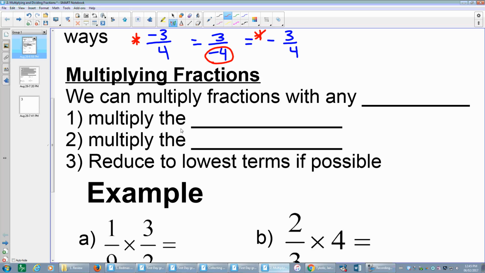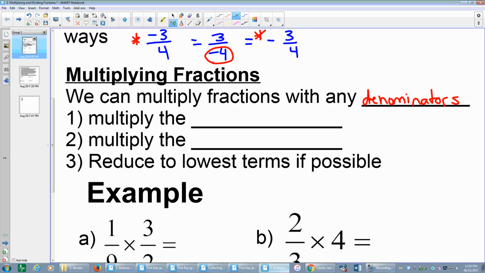So multiplying fractions, maybe you haven't seen this in a while, which is why we are going to review it because we're going to be coming across it. So it says here, we can multiply fractions with any denominators. It doesn't matter what the denominators are, we can multiply them together. Okay, adding and subtracting is different. So our first step when we are multiplying the fractions, this is pretty straightforward.